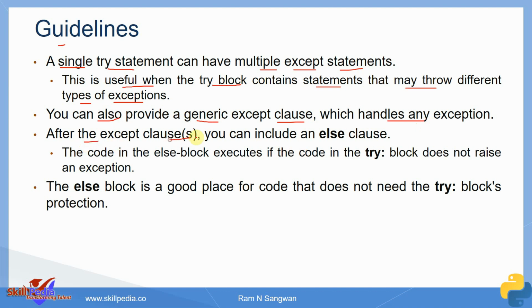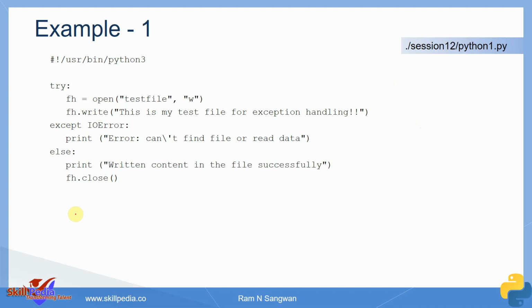After the except clauses, you can include an else clause. The code in the else block executes if the code in the try block does not raise an exception. Therefore the else block is a good place for code that does not need the try block's protection, which you feel, if everything is good, then execute this part of the code.